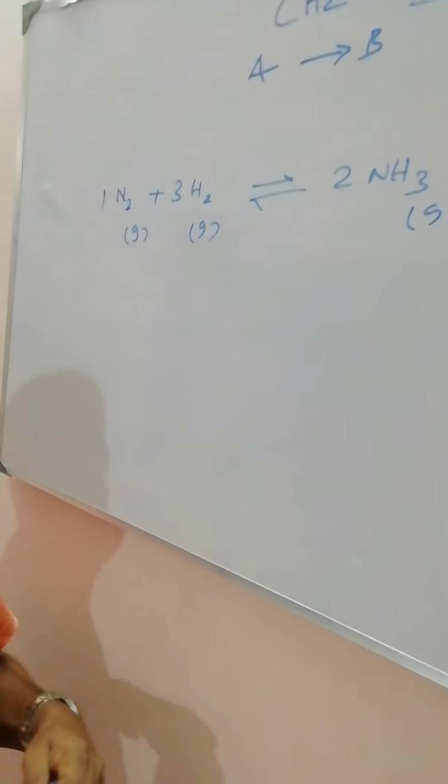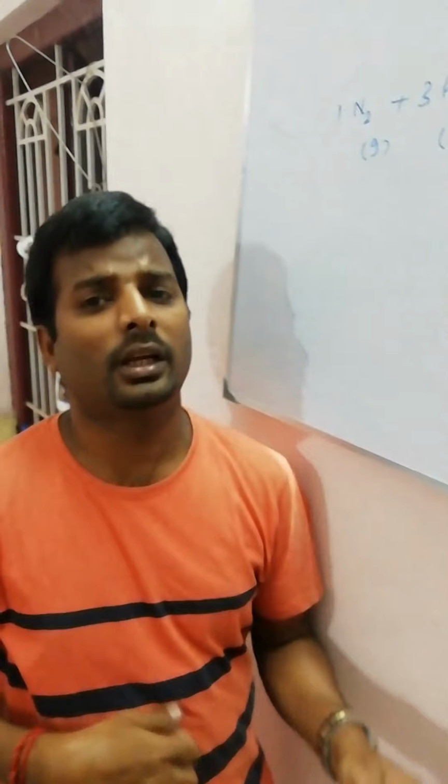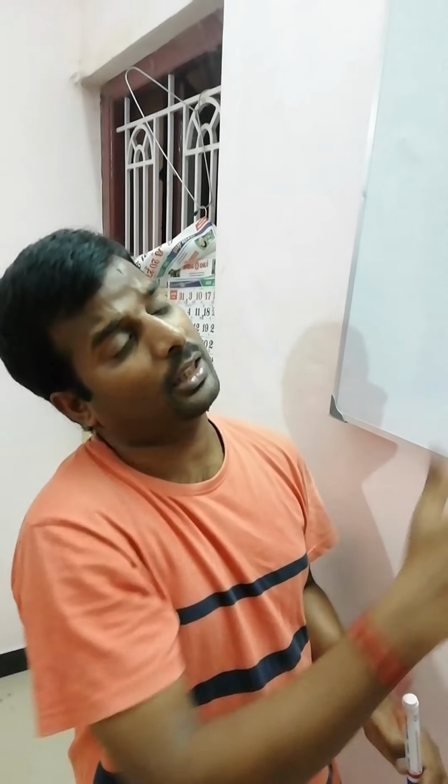In this case, the rate can be determined only in a difficult way. For solving all these things, the rate of consumption of reactant or rate of formation of product is divided by the stoichiometric coefficient.